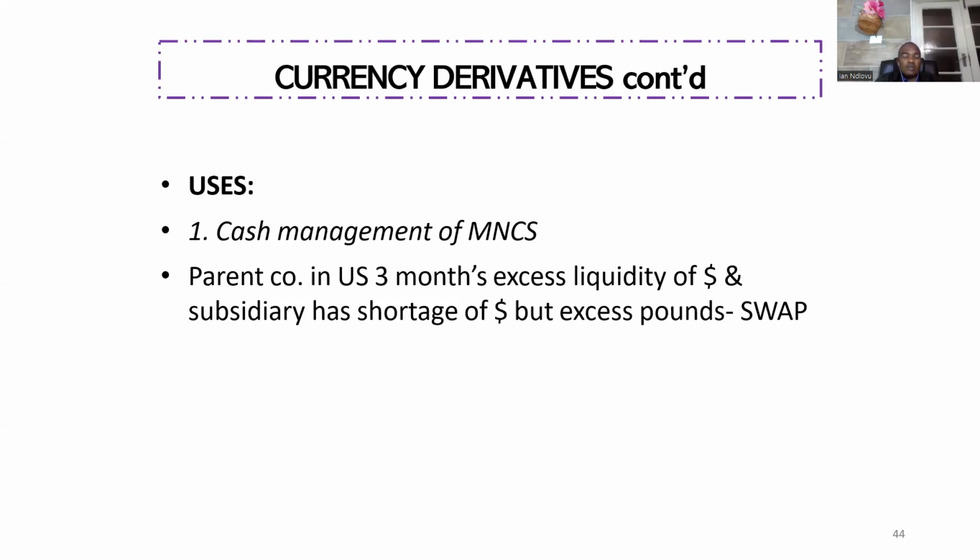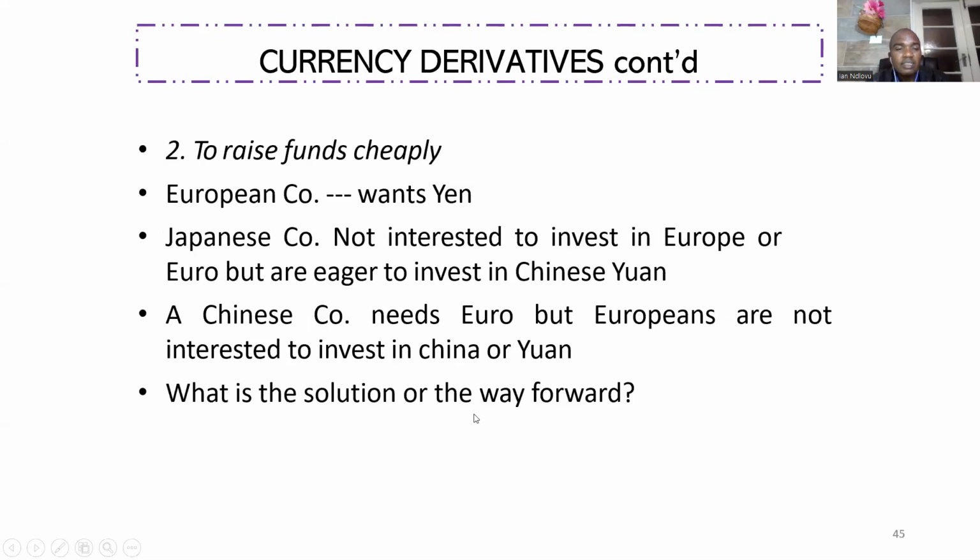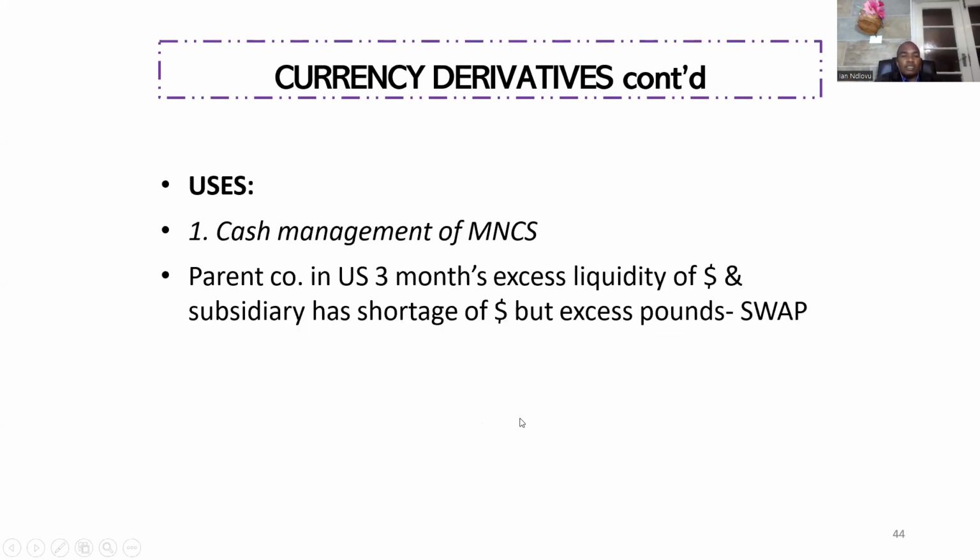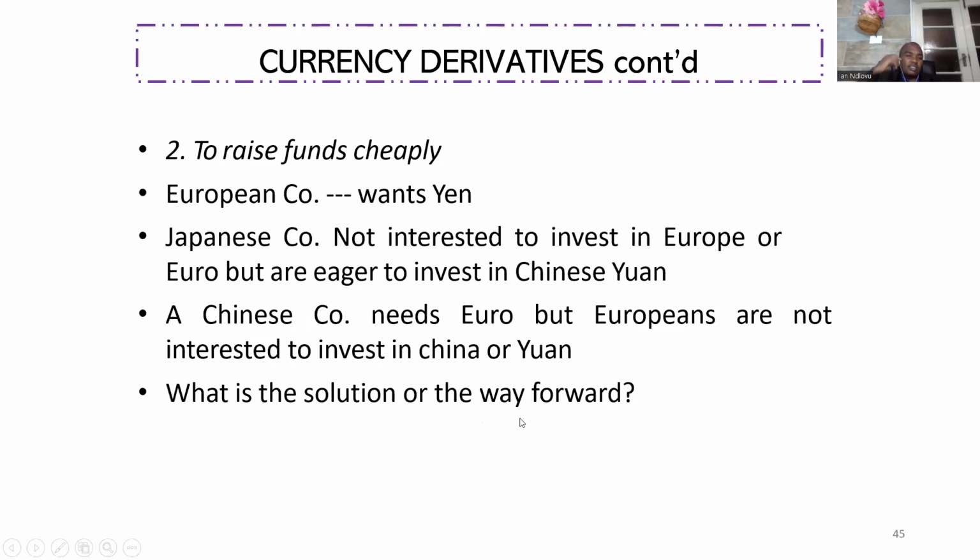So they engage in a swap transaction in order to rescue the subsidiary from the shortage of United States dollars, given the fact that the US dollar is a reserve currency, or a currency which is preferred in international trade. The second function, other than to manage cash, is to raise funds cheaply.